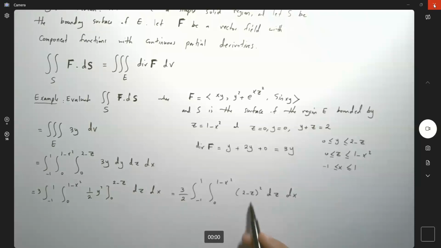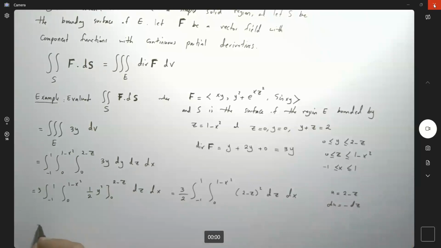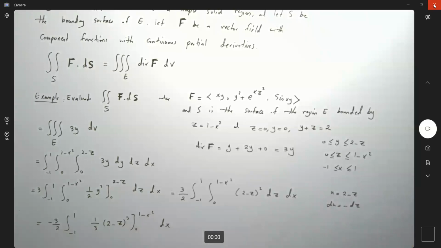Here you can use u-substitution: u is 2 minus z and du is negative dz. So you end up with negative 3 halves, integral from negative 1 to 1, and you have a third, 2 minus z to the third, from 0 to 1 minus x squared, dx.